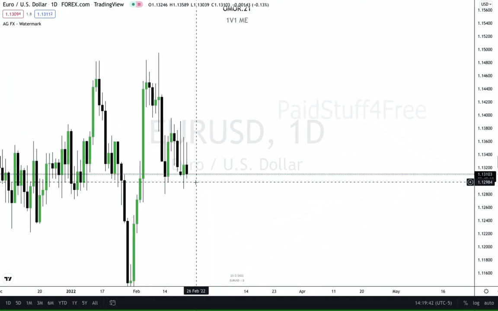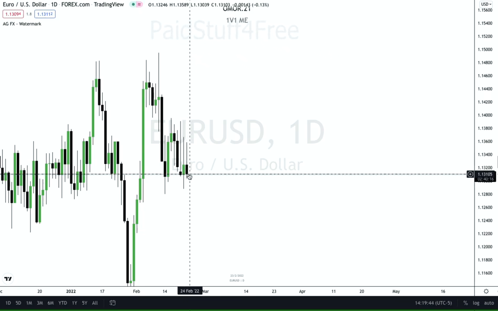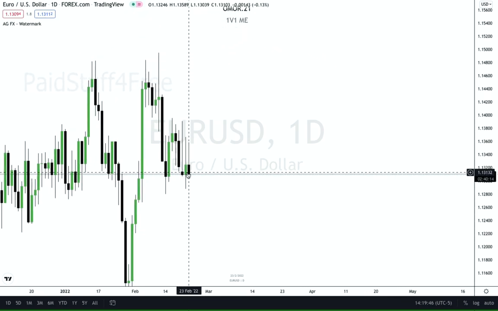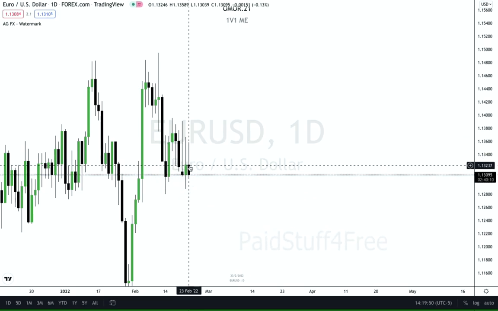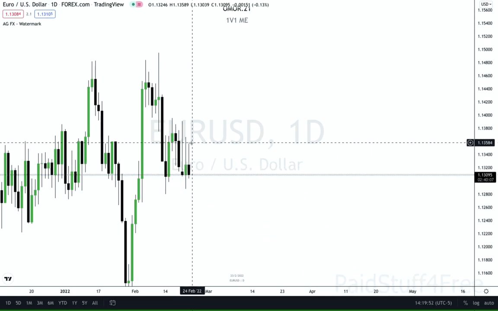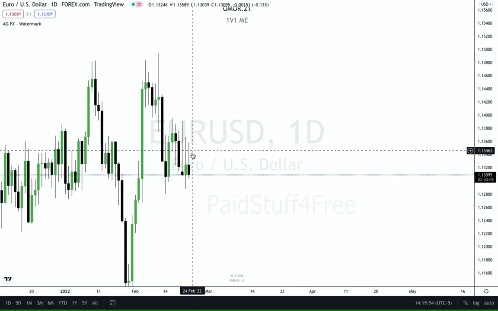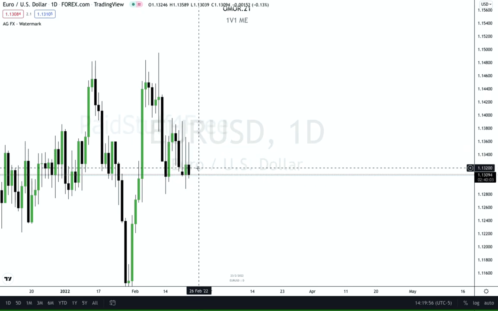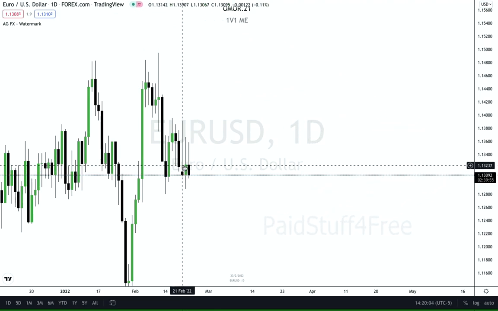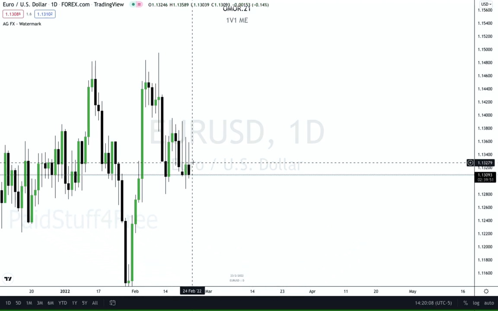So this candle right now is today's candle. This is the open of the candle, and this wick is the high of the candle. If it's going to close bearish and you have confluences that line up that the daily close will be bearish, what you want to do is wait for price to go above the opening.